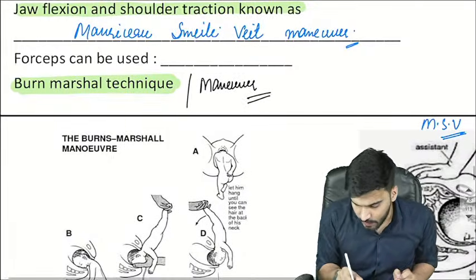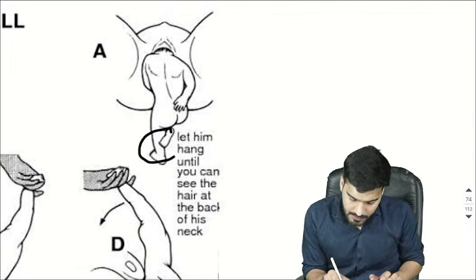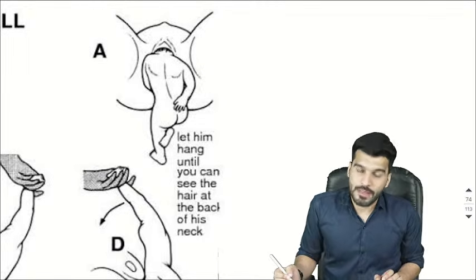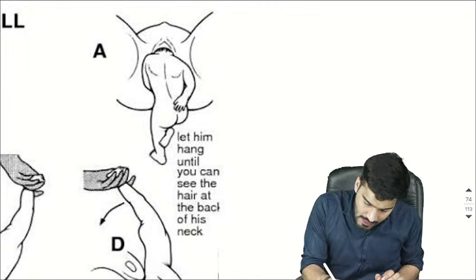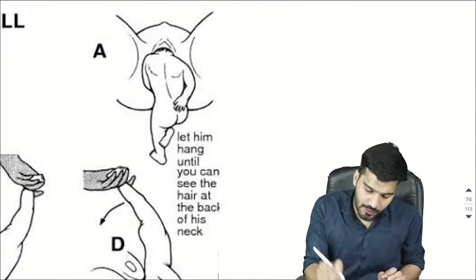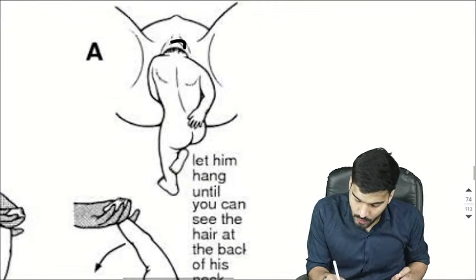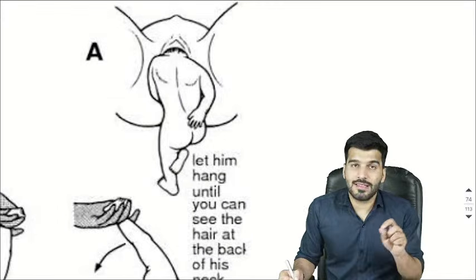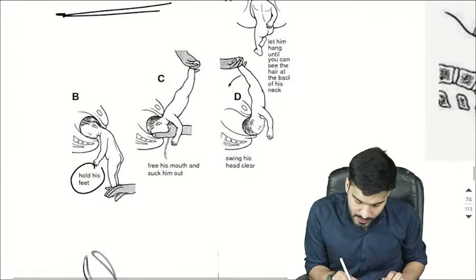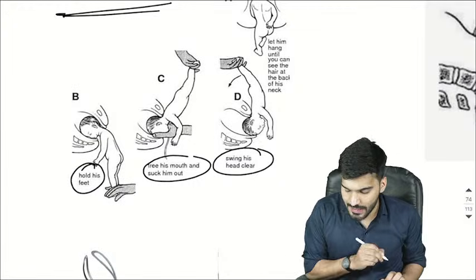What exactly do we do in the Burns-Marshall maneuver? First of all, we have delivered the legs with the help of Pinard's maneuver and the arms with Løvset's maneuver. Now about the head: you let the baby hang for a while until you see the hair over here. Clear? Once the hair is visible, you hold the feet, then free the mouth and suck him out and swing the head clear.